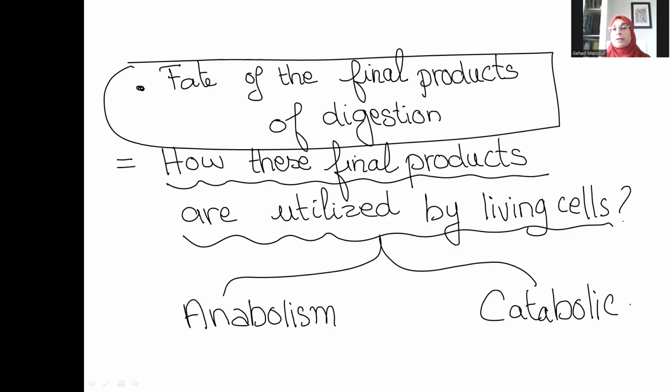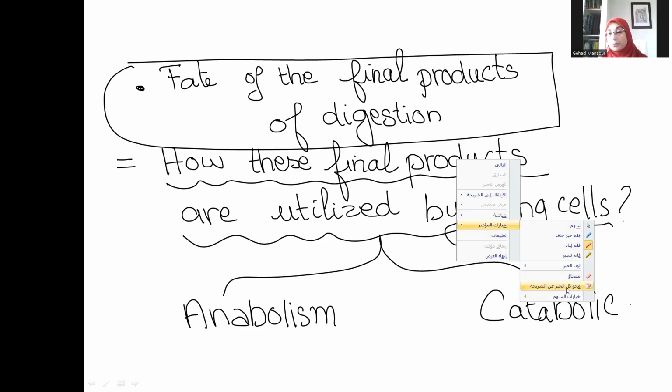First of all, let's see the fate of the monosaccharides. How are they going to be metabolized? How are they going to be anabolized and catabolized in the living cell? So first of all, let's start with the monosaccharides.